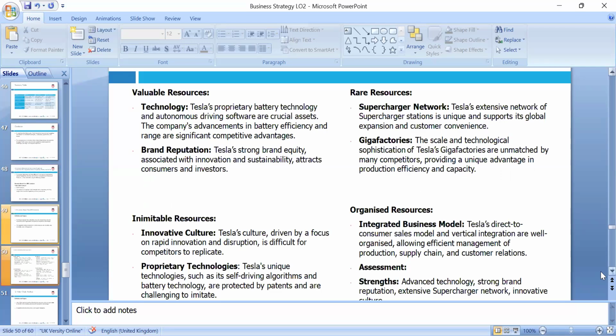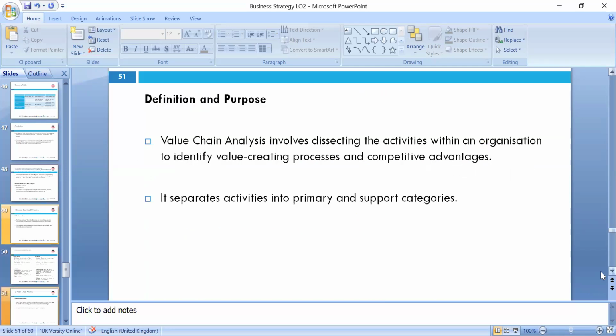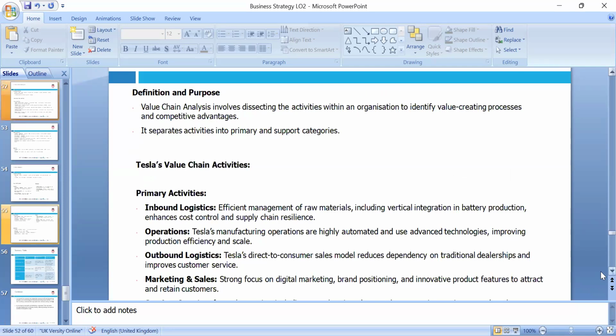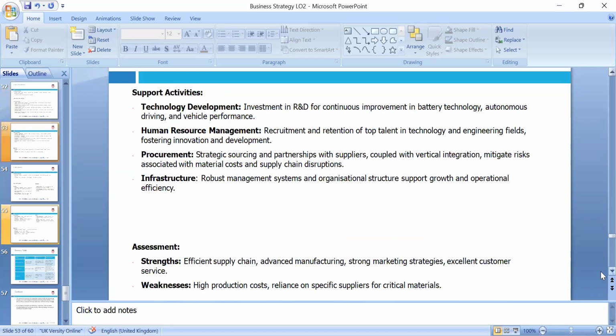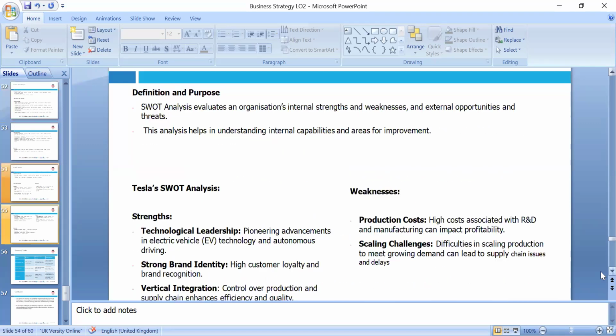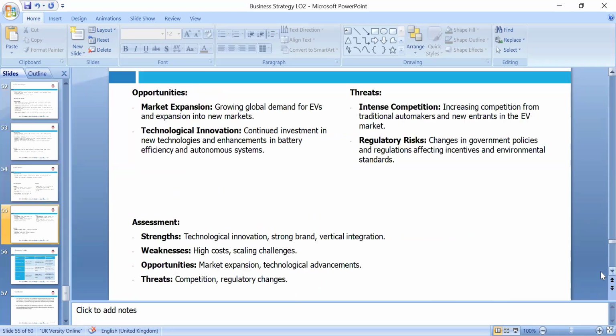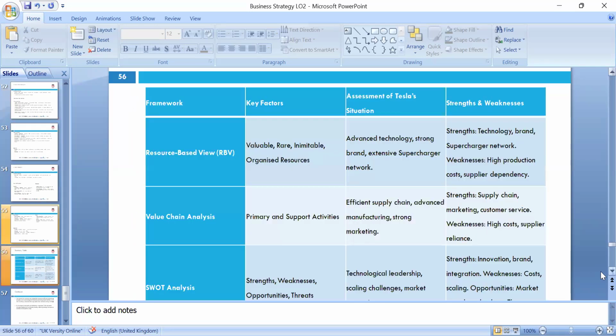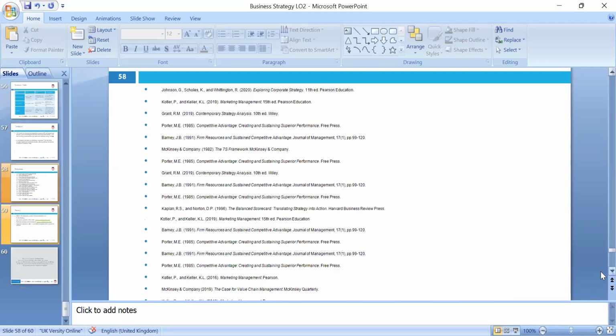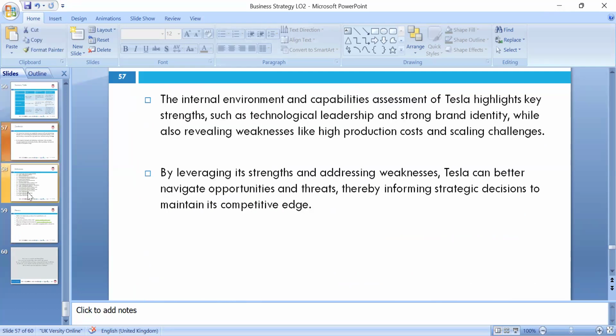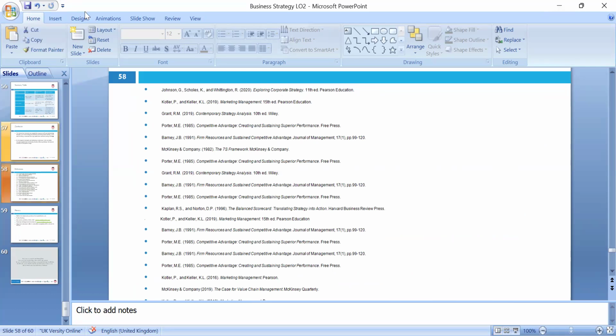The resource-based view can be integrated into Tesla, as we discussed at the top, and it can be cross-linked with the value chain: inbound logistics and outbound logistics, primary and secondary activities. We can embed more data. So let's summarize what we have in all our slides, the keywords and the key models.